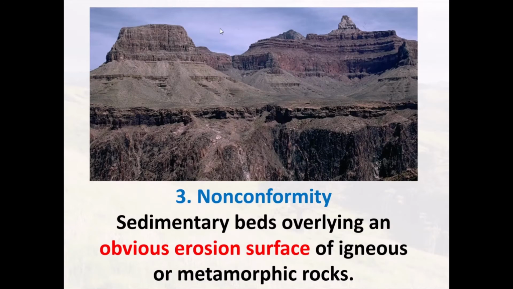This is a picture from the Grand Canyon where we have a non-conformity between our horizontally bedded sedimentary rocks, and they're sitting on top of a crystalline metamorphic basement. So two completely different rocks, obvious erosional surface between them, characterizes a non-conformity.